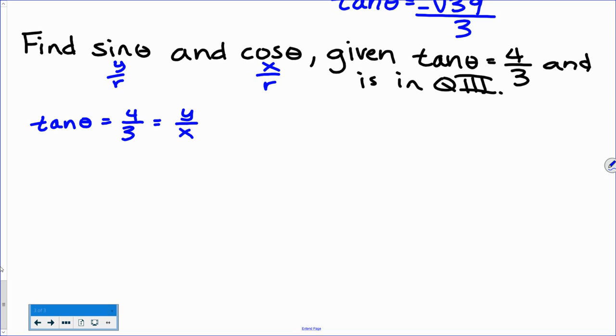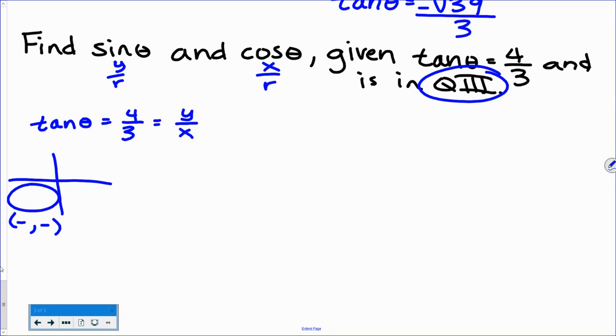All right, so if you're not careful about this last part that was given to us, you would tell me that y has to be 4 and x has to be 3. That's not true if it's in quadrant 3, right? Tangent is positive in quadrant 3 because both your x and your y value are negative. That's something that you will miss.